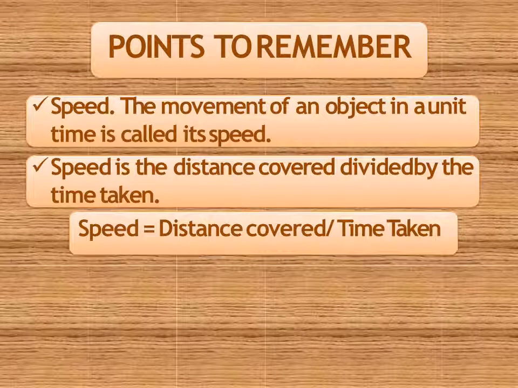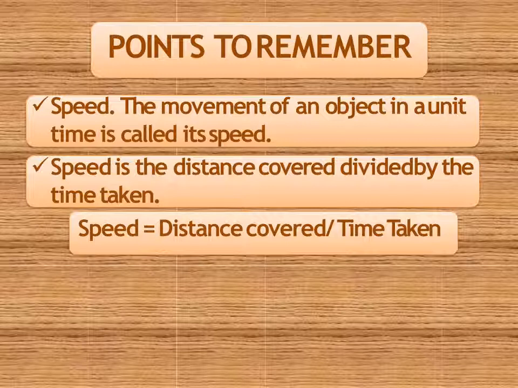First of all, what do you mean by speed? We have a definition here. The movement of an object in a unit time is called its speed. That means the movement of an object, that means motion, with respect to time is called its speed.